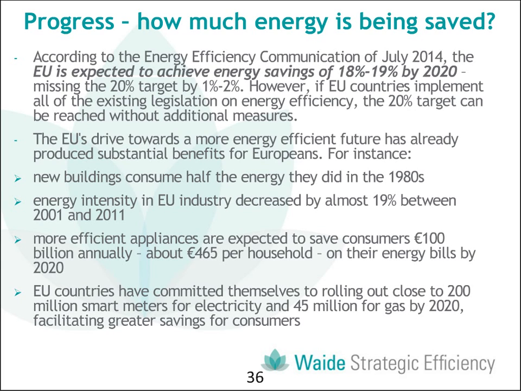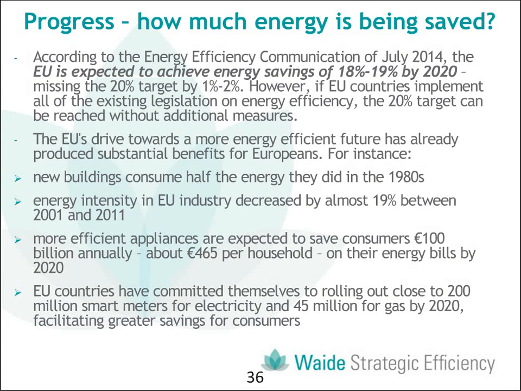In other words, it's going to miss the target by 1 to 2% unless things are strengthened. However, the same review concluded that if countries simply implemented the existing legislation on energy efficiency, i.e. properly implemented the measures in the EED and the other directives, the 20% target would be reached without additional measures. So really this is a matter of implementation to get to the 20%.